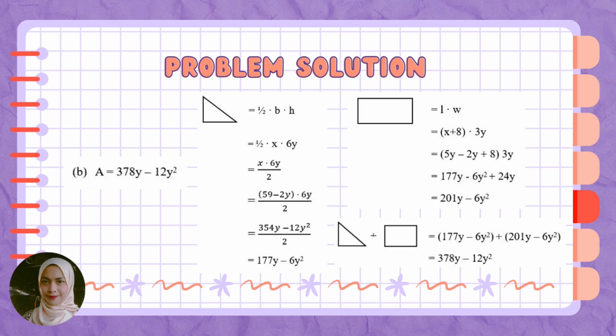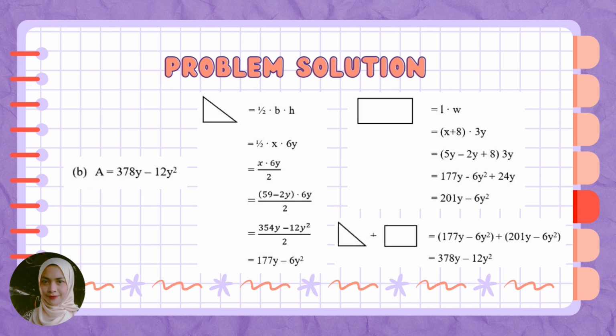We expand it and we'll get 354y minus 12y squared, over 2. We simplify 354y over 2 to get 177y, and 12y squared over 2 to get 6y squared. So the area of the triangle is 177y minus 6y squared.